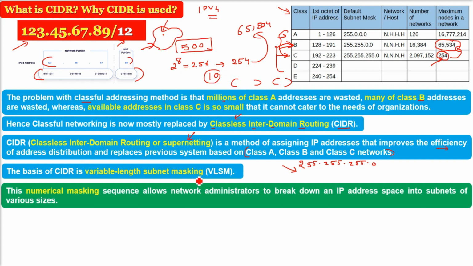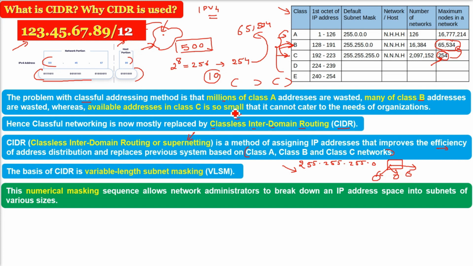So this is the numerical masking, which is actually a kind of subnet masking. This masking sequence allows the network administrators to break down an IP address space into subnets of different sizes according to their organization's requirements.